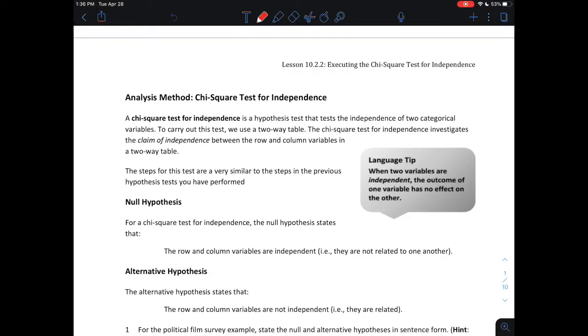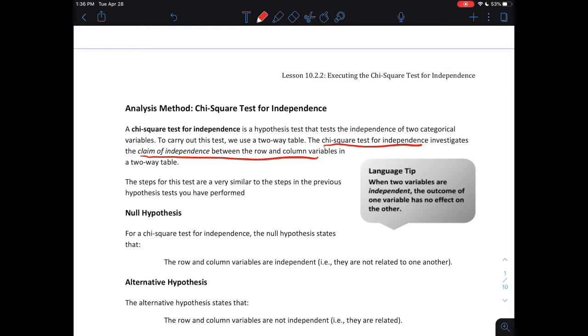So again, what are we doing with these tests? We are testing a claim of independence between the row and column variables in a two-way table. The steps for this test are very similar to the steps in the previous hypothesis tests that you have performed. Just as a reminder, when two variables are independent, the outcome of one variable has no effect on the other.